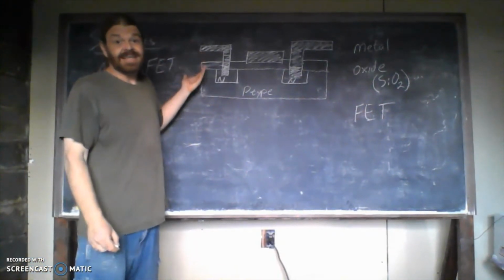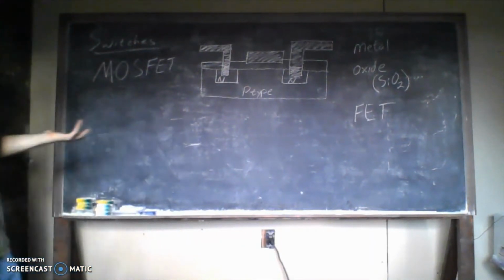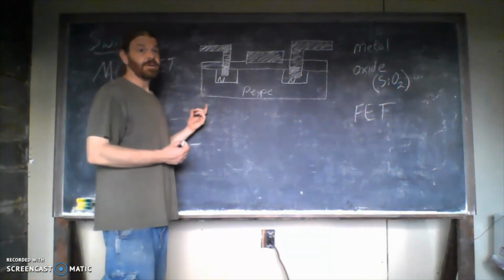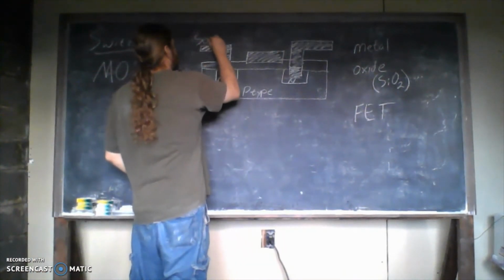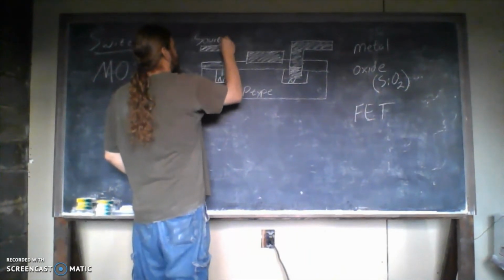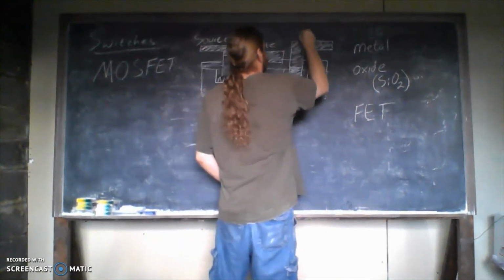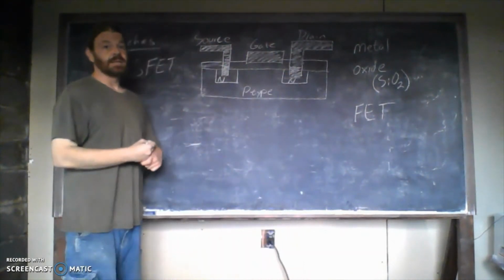And that's kind of what a MOSFET is. It essentially works the same, with some different labels. Instead of collector, base, and emitter, we have source, gate, and drain. But they're essentially doing the same thing.